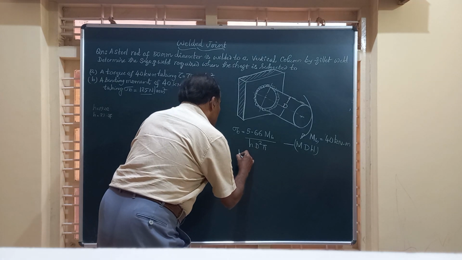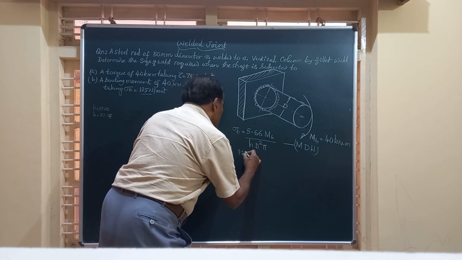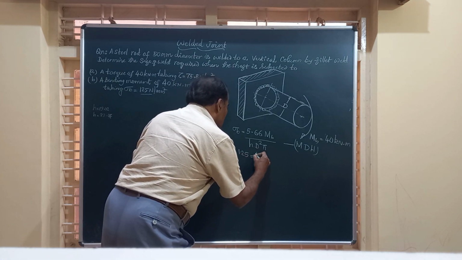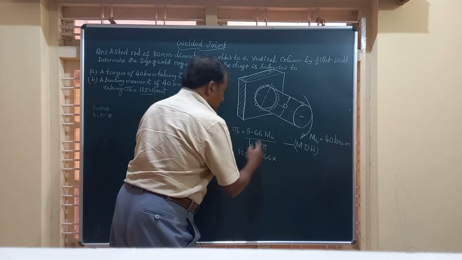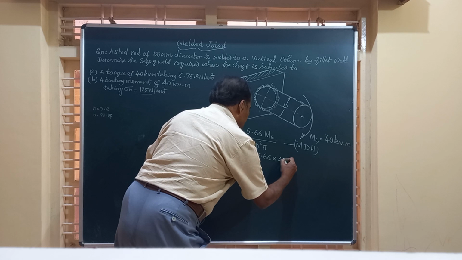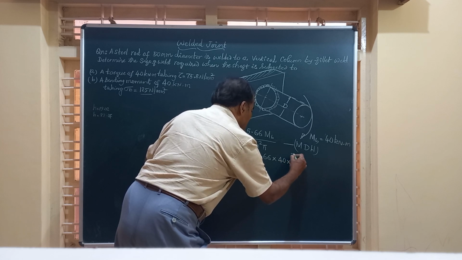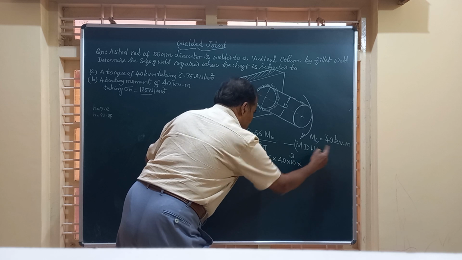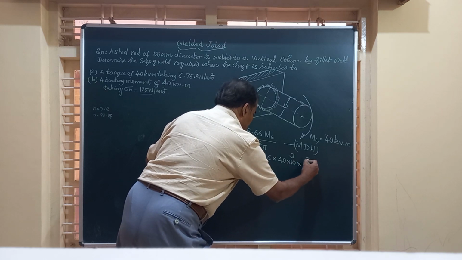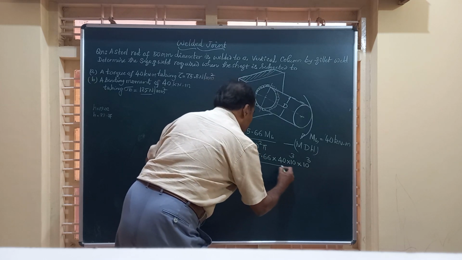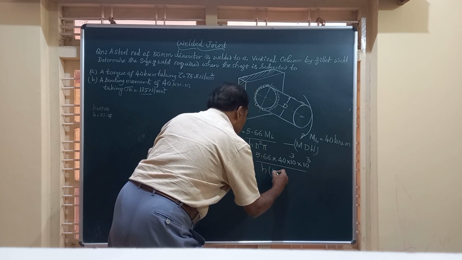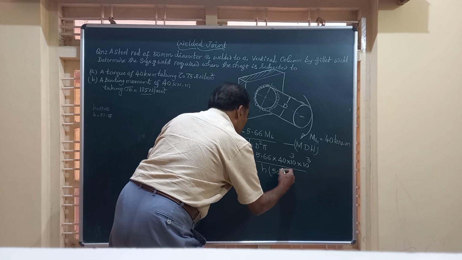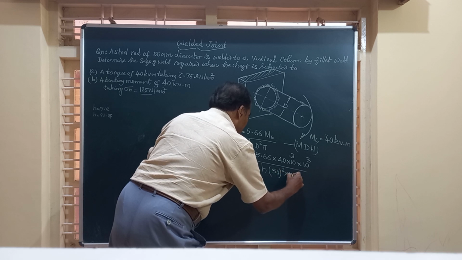And friends, here we will substitute the values. Sigma B is 125, equal to 5.66, a constant, times the MB value of 40 kilonewton meter, that is 40 into 10 to the power of 3 Newton, then meter converted into millimeter, divided by h, to be found out, d square is 50 mm square, multiplied by pi.